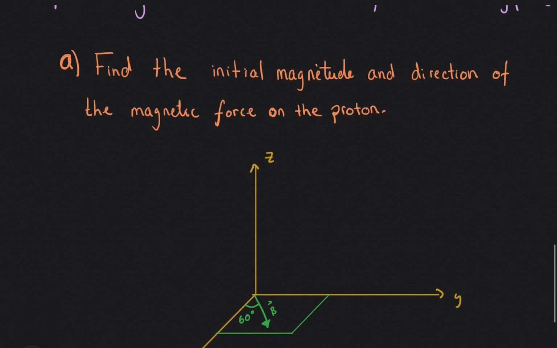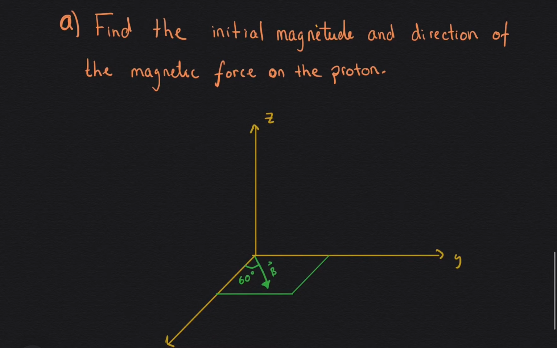So let me first draw with the information that we have. So here I drew an X, Y, Z axis, and we have the XY plane given by this green square that starts off the x-axis and goes to the y-axis.